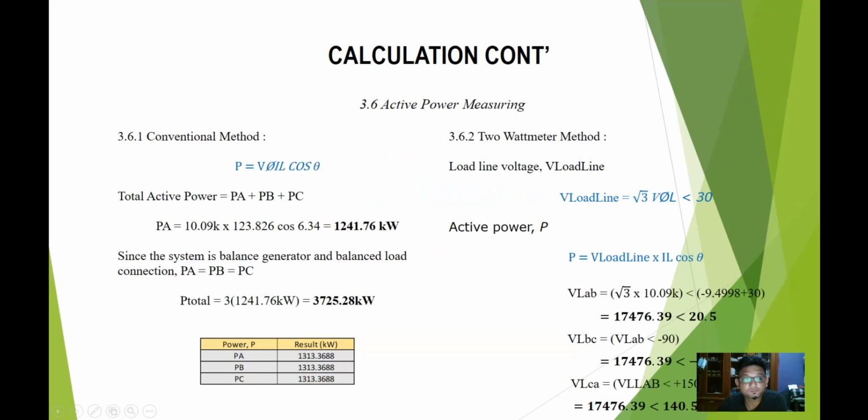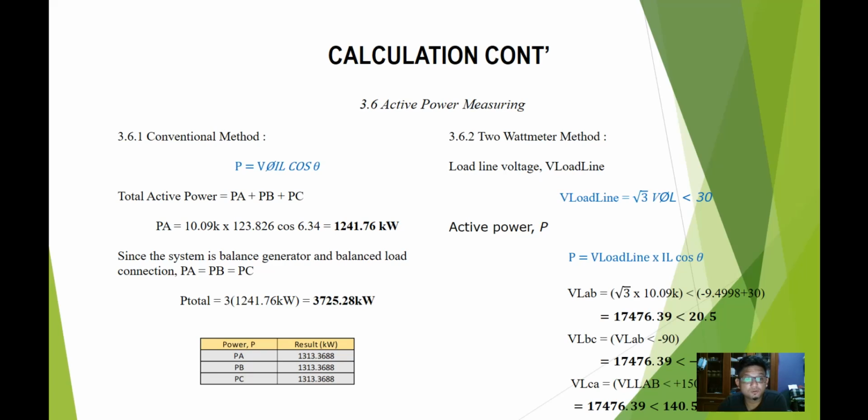0.977. Next, I find, for the conventional method, power equals phase voltage multiplied by line current cos theta.